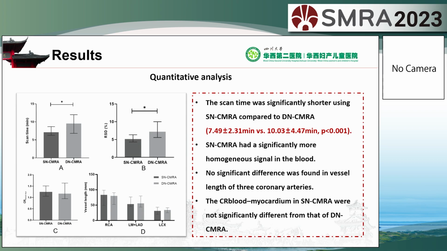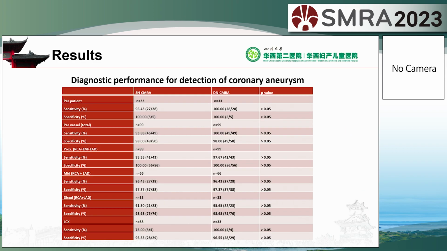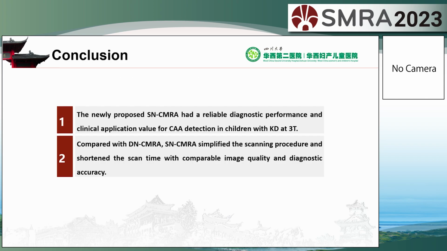The contrast ratio of blood and myocardium in self-navigated CMRA was not different from that of the other one. For diagnostic performance for detection of coronary aneurysm, there was no difference in the diagnostic accuracy of self-navigated and diaphragmatic for CAA detection on a per patient, per vessel, or per segment basis.